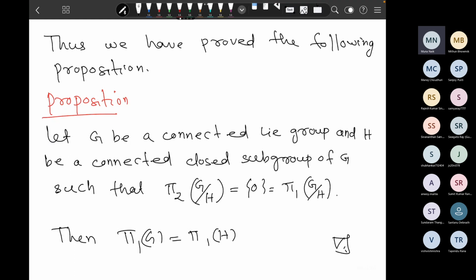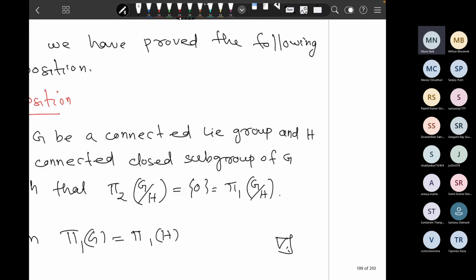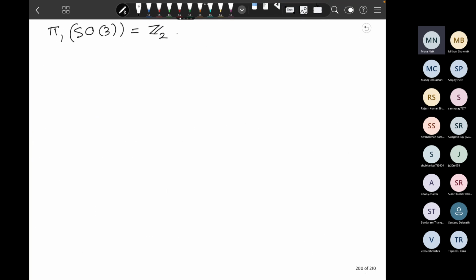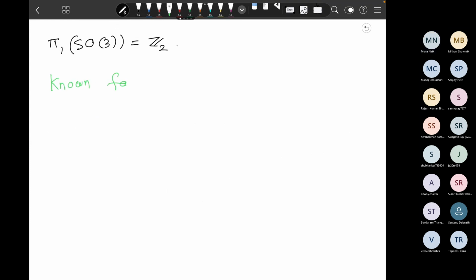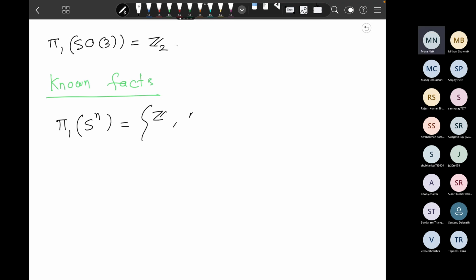Okay, today we will apply this proposition. So, some known facts. First, pi 1 of Sn is equal to Z if n is equal to 1 and 0 otherwise. This is known.